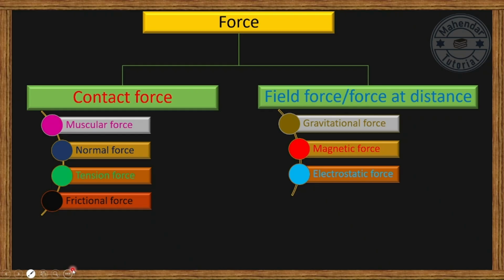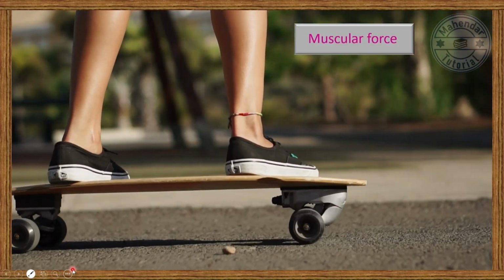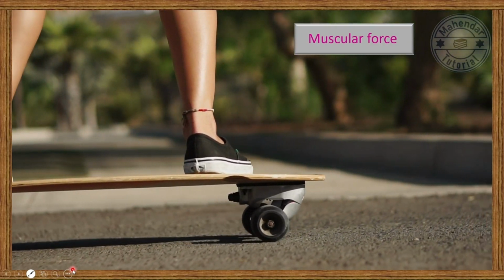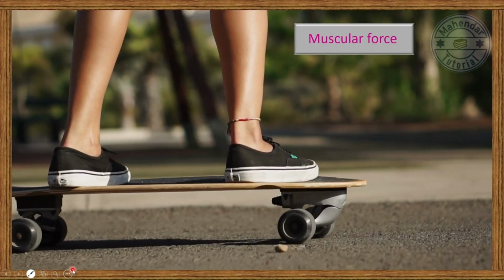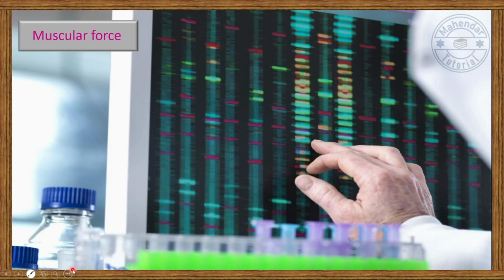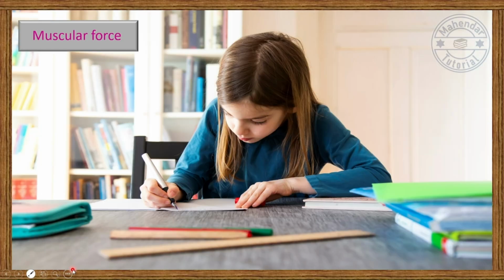First we will discuss muscular force. Here a person is skating. The person has to use muscles to skate. So muscular force is used here, and when we are taking books or when we are writing, we have to use our muscles.